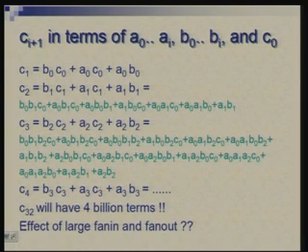Let us go step by step. First we write C1 in terms of A0, B0 and C0, that is the usual expression we have, and we wrote C2 in this form. Now, all you need is to take the expression for C1 and substitute that in the second one.